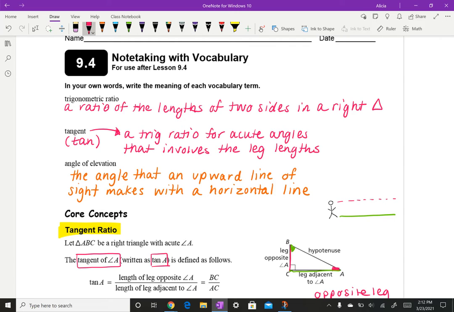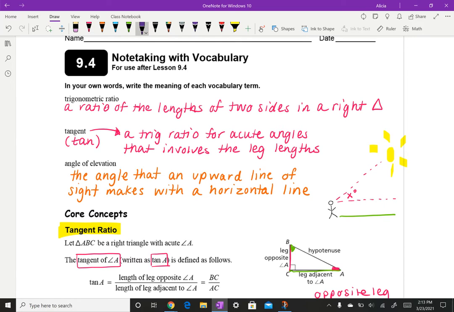But if they were looking up, they would look this direction, like maybe if they were looking at the sun. Probably they have sunglasses on. So the angle of elevation is this angle. I'll call it X degrees right there.